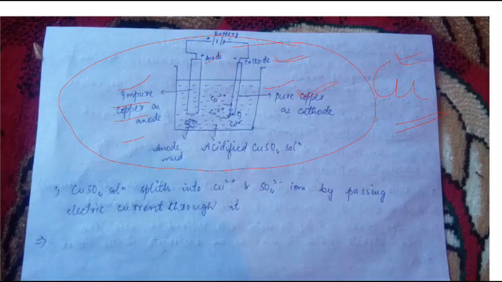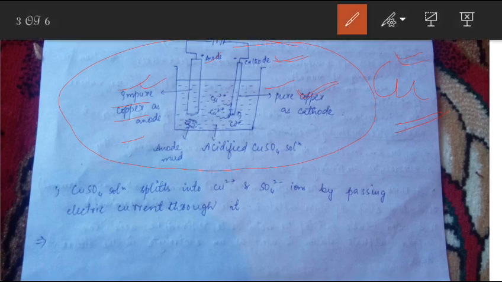So what will happen after this? These two electrodes are different in size. Anode is thick and cathode is thin. What is the reason behind that? Just look at this. Anode is impure copper. We have to convert this impure copper into pure copper. Cathode is pure copper.